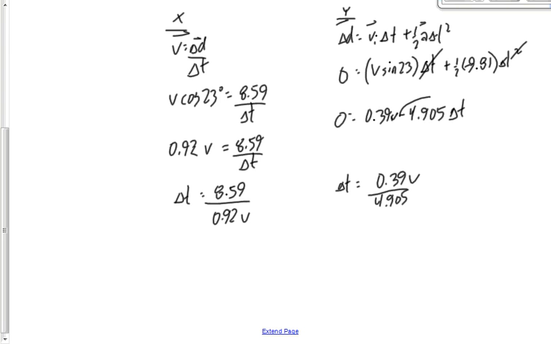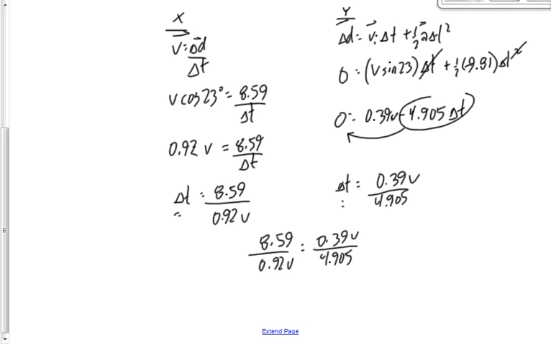Right? This goes to the other side by adding. And we divide by 4.905 to get T by itself. This T is the same as this T, so let's make 8.59 over 0.92 V equal to 0.39 V over 4.905. Oh, look at that. One equation, one unknown.